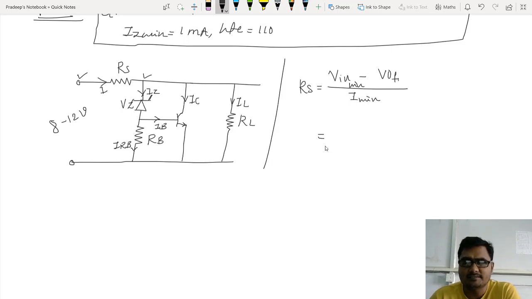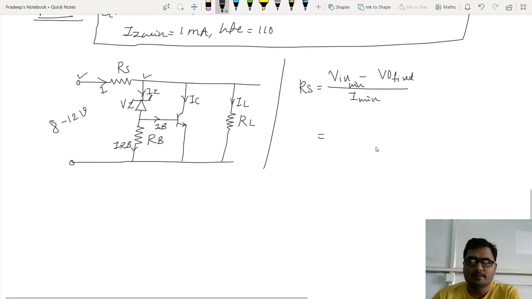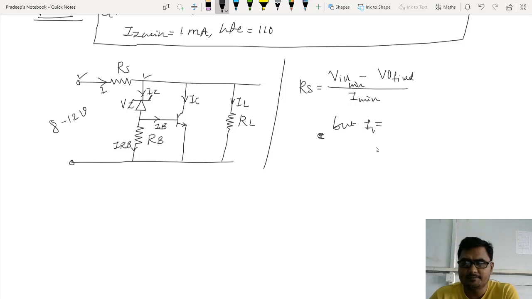The output voltage is fixed, because we have designed this for 5 volts. The equation of I is known, is it not? I minimum is equal to (1 plus HFE) multiplied by IZ minimum plus IL.